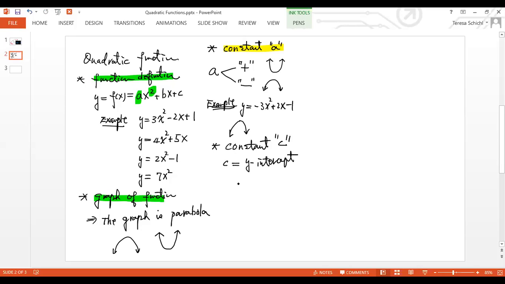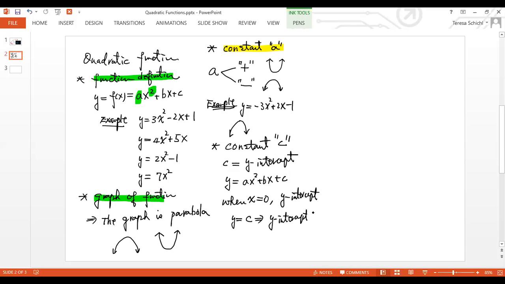Why is it the y-intercept? Because y is equal to ax squared plus bx plus c. When x is equal to 0, we find the y-intercept. So when x equals 0, y-intercept is equal to c. So c is the y-intercept here.